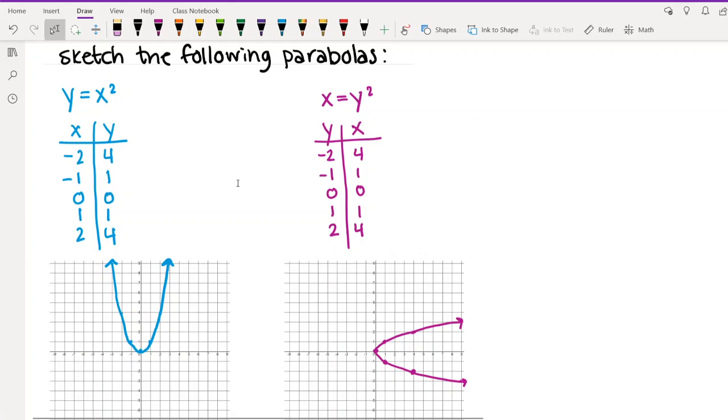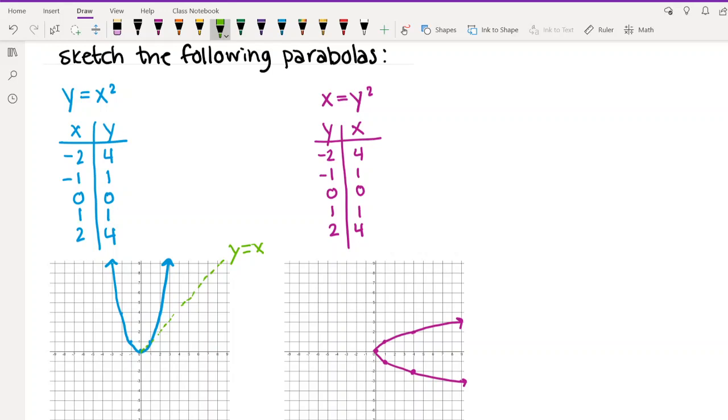Then all you're doing is switching the x and y coordinates. Or you can think of it as reflecting the graph over the line y is equal to x. If you were to put the line y is equal to x here and take this blue graph and flip it over, it would give you the purple graph.